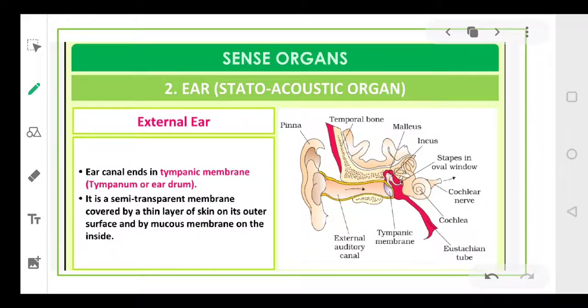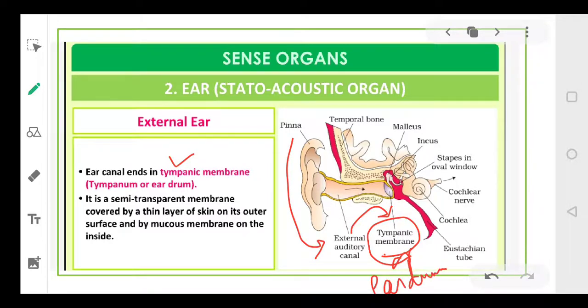Along with this, as your ear canal ends, it ends into a tympanic membrane. As I said, this tympanic membrane is also called the eardrum. So the pinna leads to the auditory canal, and the auditory canal then leads to your tympanic membrane or the eardrum. Okay, eardrum. Now it is a semi-transparent membrane.